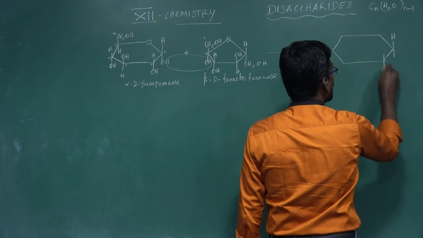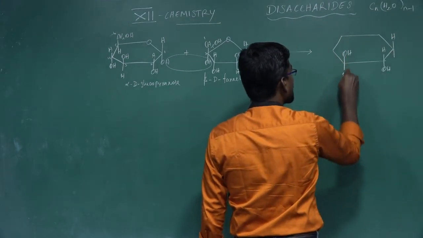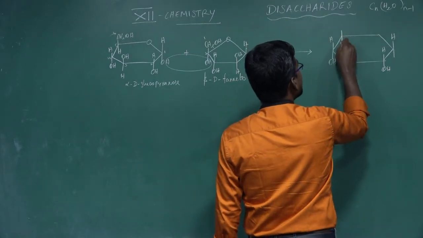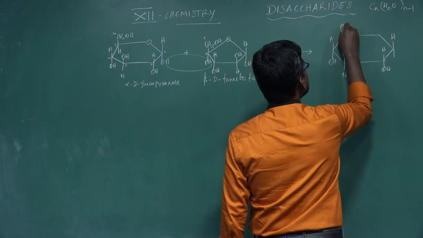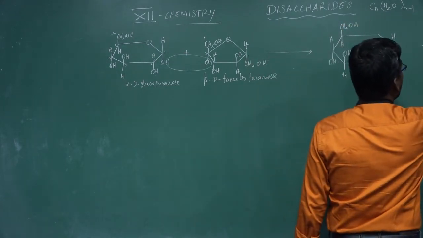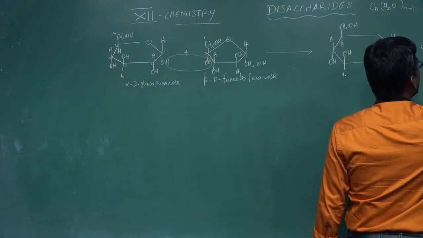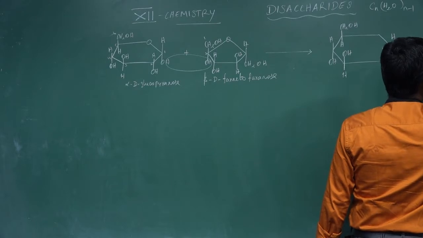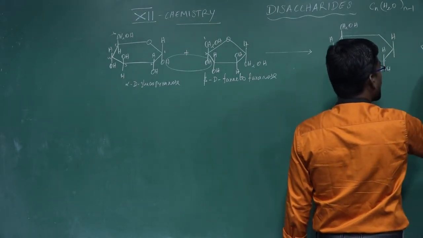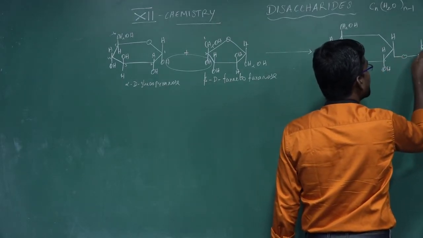In the structure, the OH and H groups, and the CH2OH group, are shown, and next is the furanose form with its CH2OH, OH and H groups, which then form the oxide bridge.